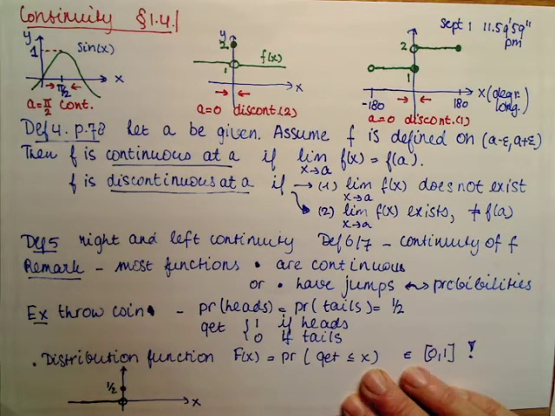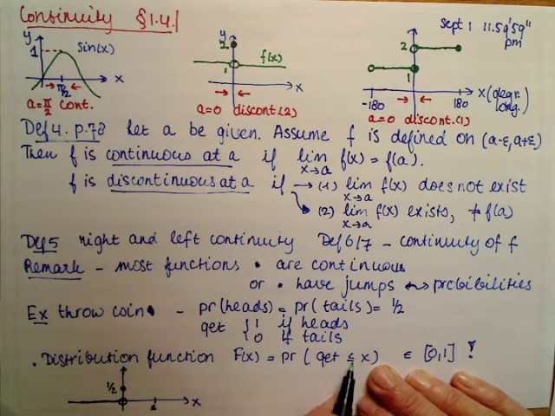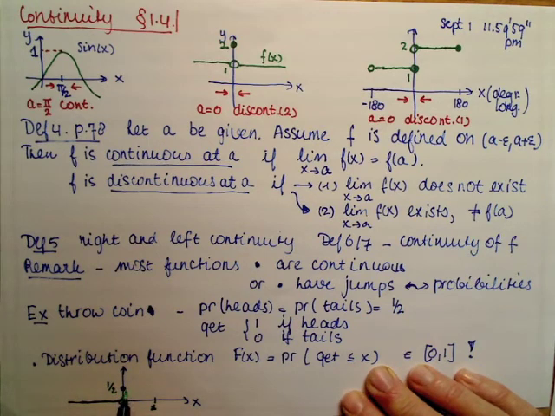What is the probability that we get less or equal to 3/4? We cannot get 3/4. This is the same as the probability of getting less or equal to 0, because we cannot get anything between 0 and 1. So this probability is equal to 1/2.